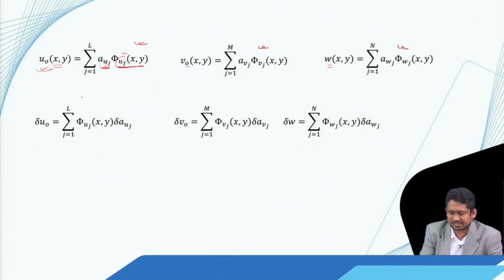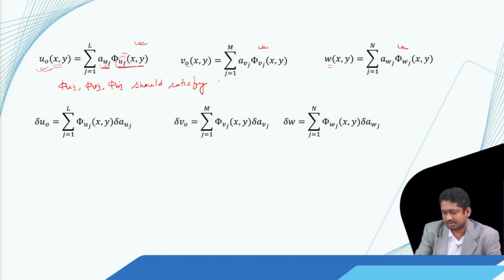Now, these functions phi u j, phi v j should satisfy essential boundary conditions, or homogeneous essential boundary conditions.